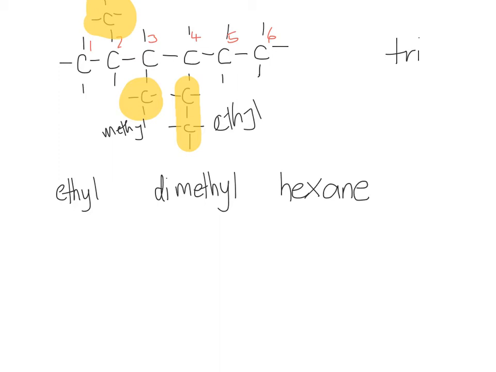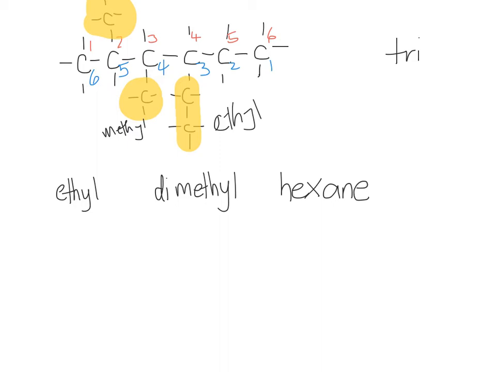to. So if we've numbered the carbons here 1 to 6, but if we number them the other direction too, we have to look and see which one will give us the lowest possible number combination.